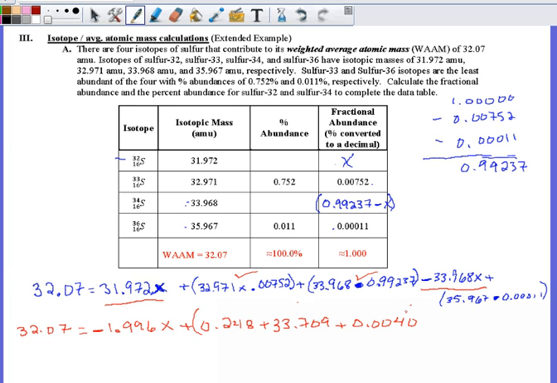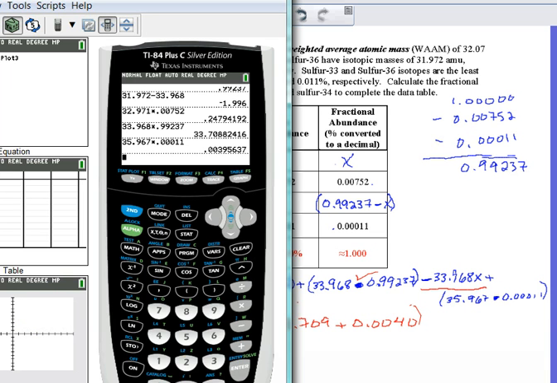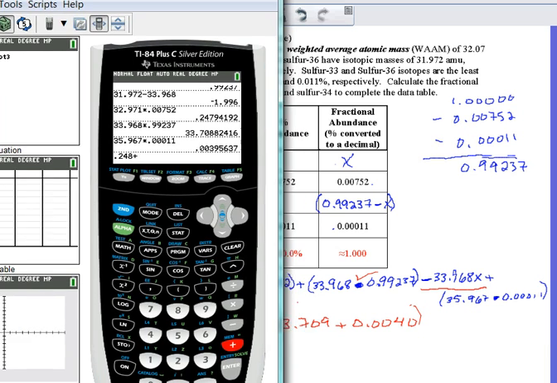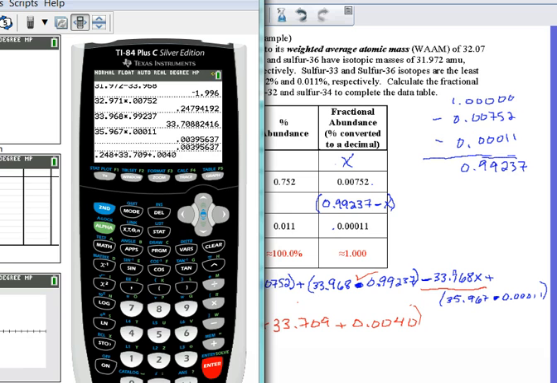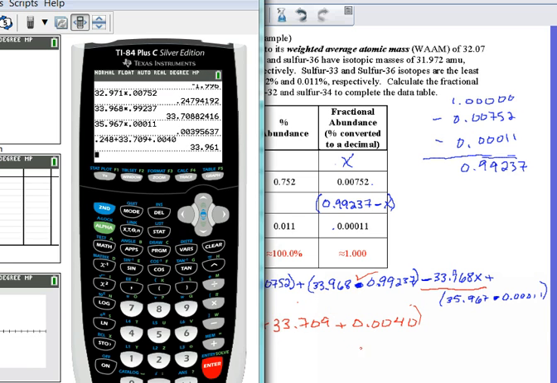Now, if you look at that, those are all numbers. You can add all that up together. I'm going to do that. So the 0.248 plus the, I think it was 33.709 and 0.0040, and I get 33.961.